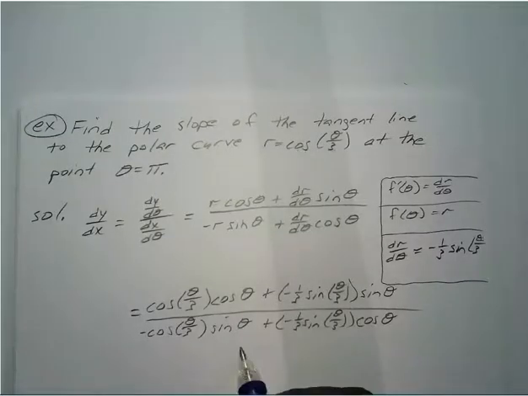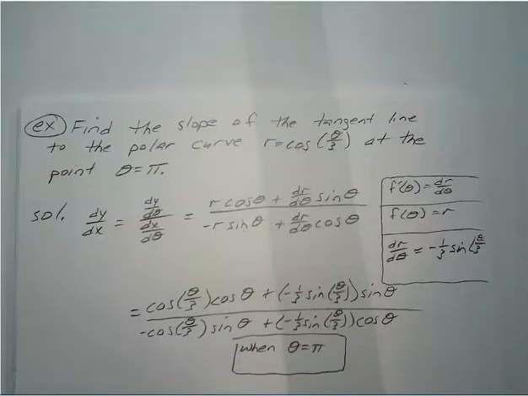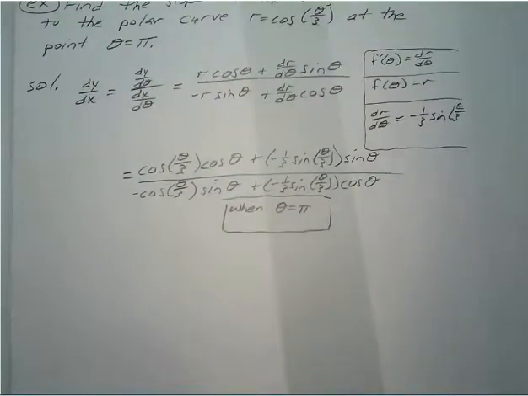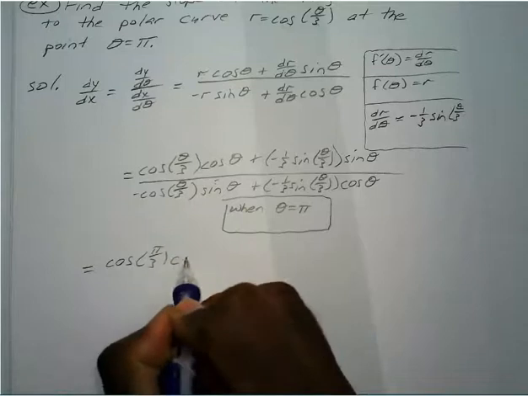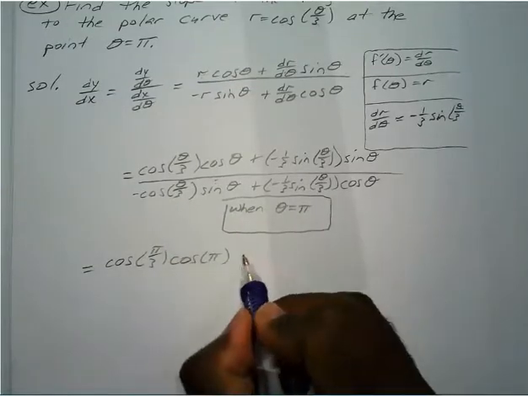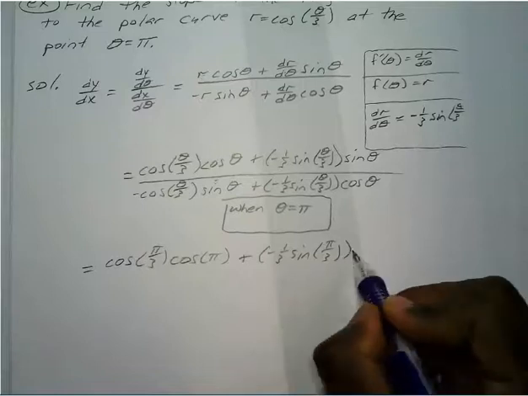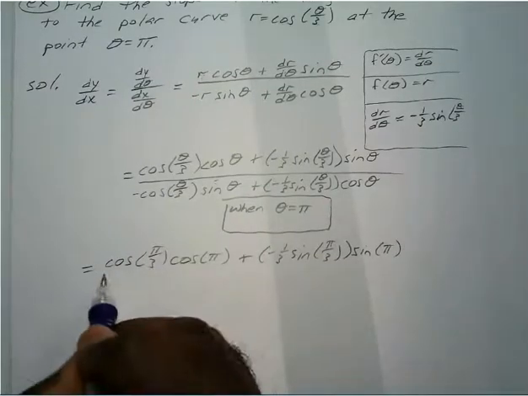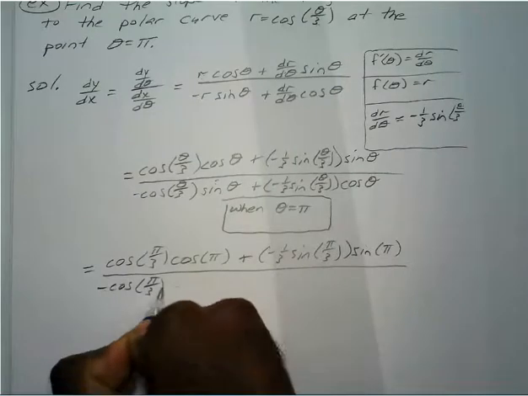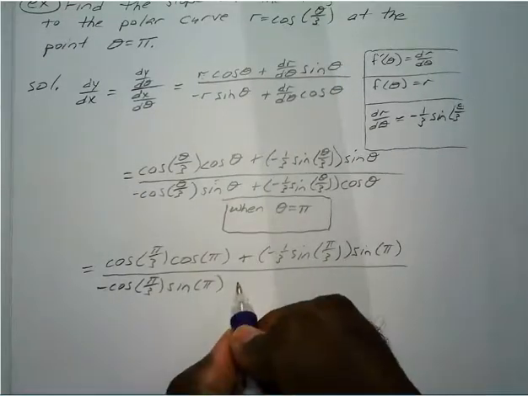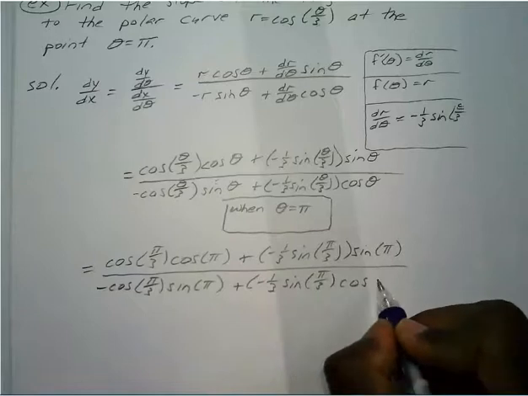Okay, now that you have that, when theta is equal to pi, then that's just going to equal cosine of pi over 3 times cosine of pi plus negative 1/3 sine of pi over 3 times sine of pi, all over negative cosine of pi over 3 times sine of pi plus negative 1/3 sine of pi over 3 times cosine of pi.